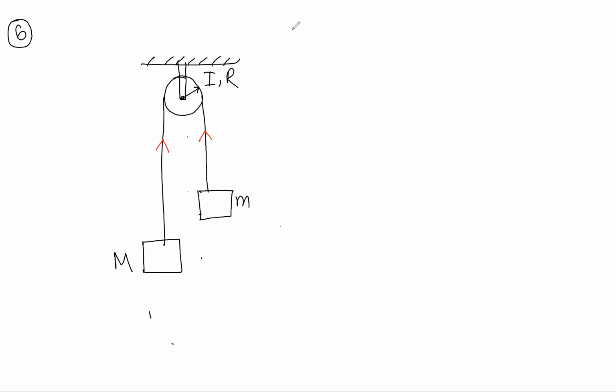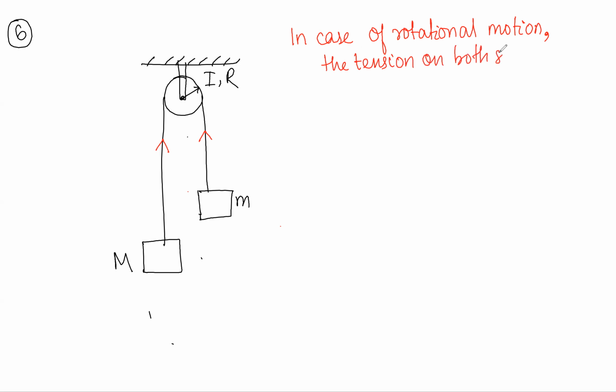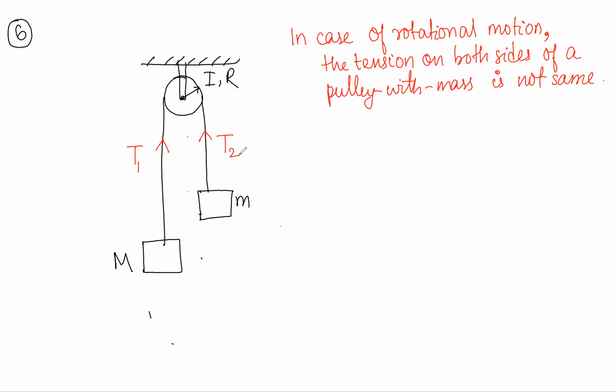But in the case of rotational motion, the tension in a string on both sides of a pulley with mass is not the same. So first thing, it is not T. Instead, it is T1 and T2.